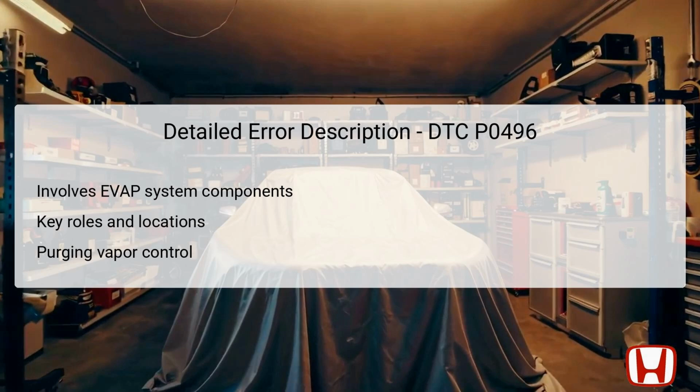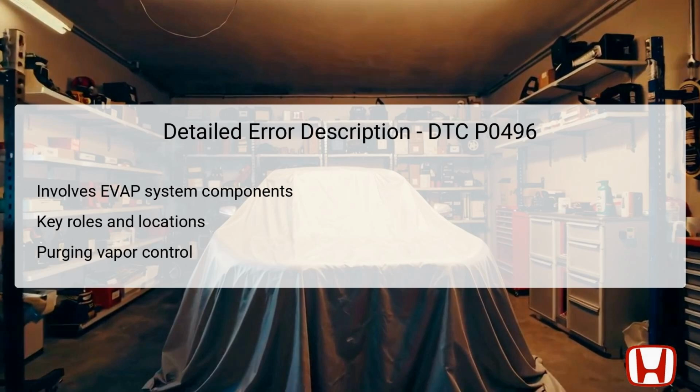If the flow rate exceeds a predefined threshold, it results in the triggering of the DTC P0496. These components are generally located either near the fuel tank or along the fuel line, which can make access challenging during diagnostic testing. Furthermore, effective communication between these components is essential for the optimal functioning of the EVAP system and overall vehicle performance.